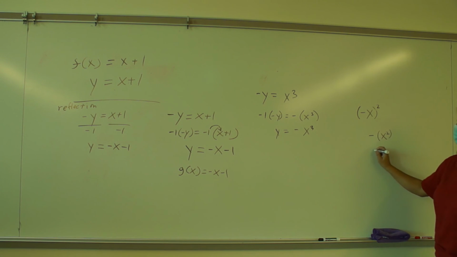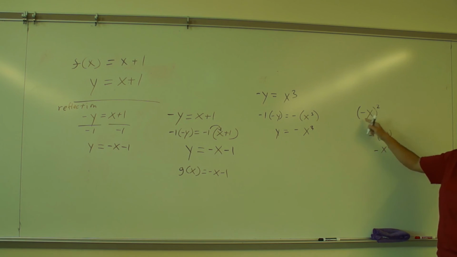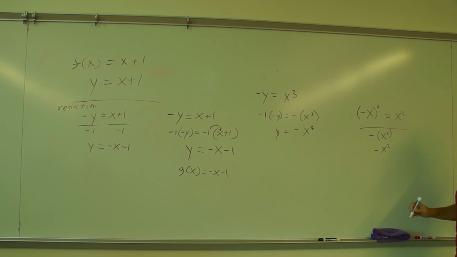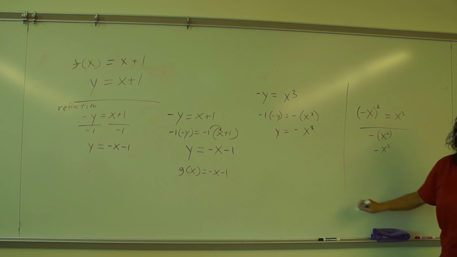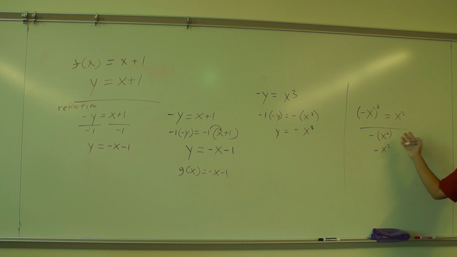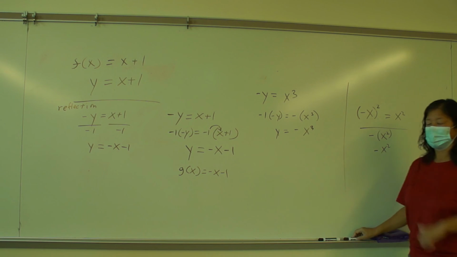Because this would be negative x squared, and this would be the quantity negative x squared. So this would be positive x squared. That's not your problem. This is a separate problem. She was just saying, here's an example of when that would make a difference. Okay. Thanks for bringing that up.